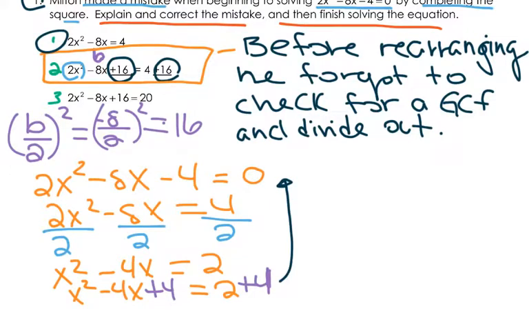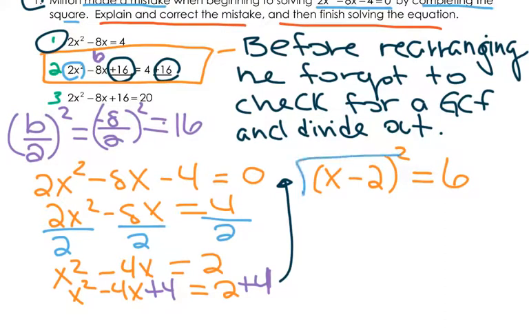If I were to simplify both sides, we would have x minus 2 squared equals 6.